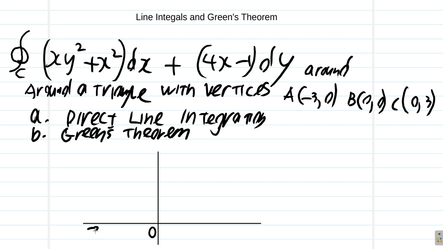We have negative 3, 0 here. And the other one is 0, 3. Okay, so what we have now is one side going this way, other side going this way, and this side going this way. All right.